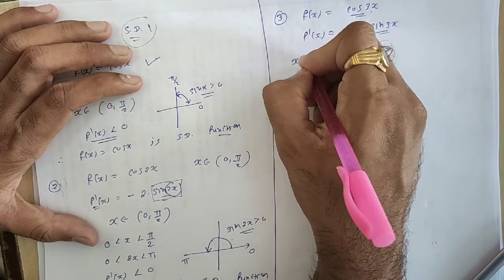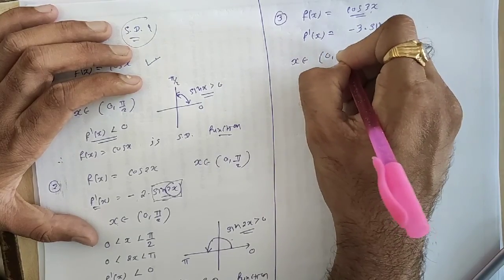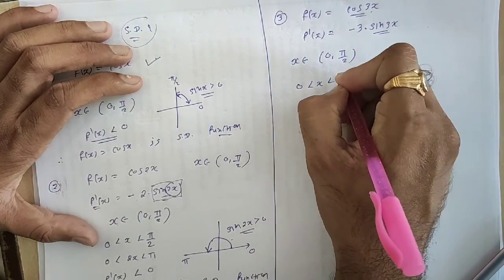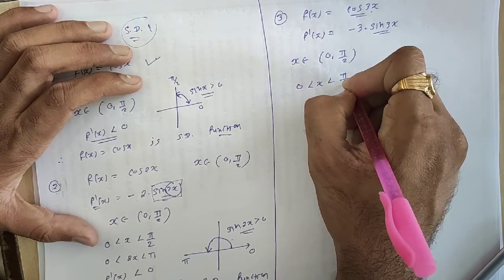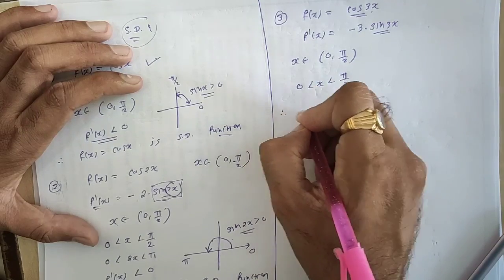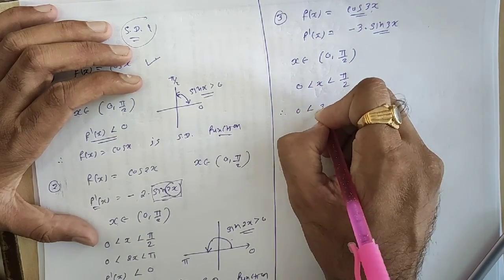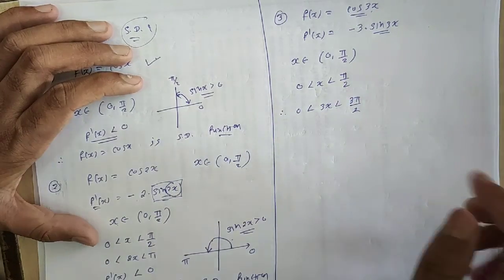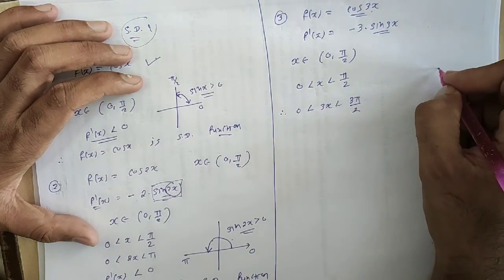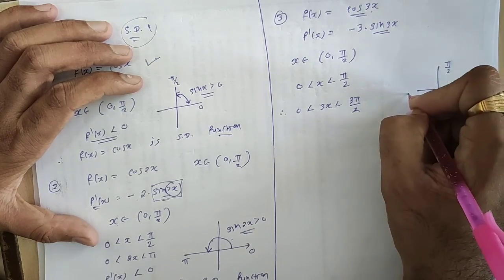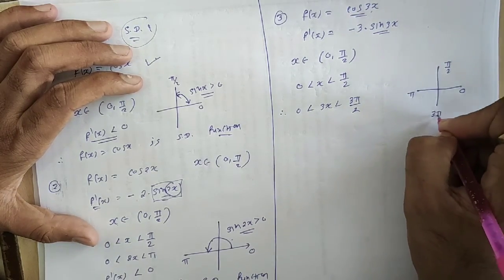Now we are given x belongs to 0 to pi by 2. So it's 0 less than x less than pi by 2. Here you have to check the sign of sin 3x. So therefore we can write this one as 0 less than 3x less than 3 pi by 2. So what is the sign of sin 3x in this interval? 0 to 3 pi by 2 means 0, pi by 2, pi, and 3 pi by 2.